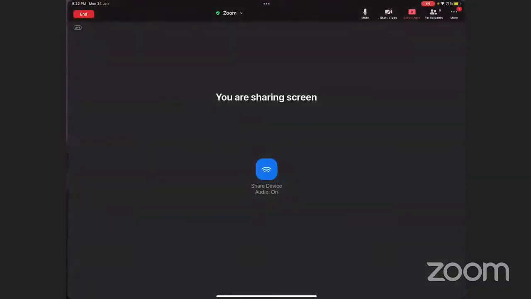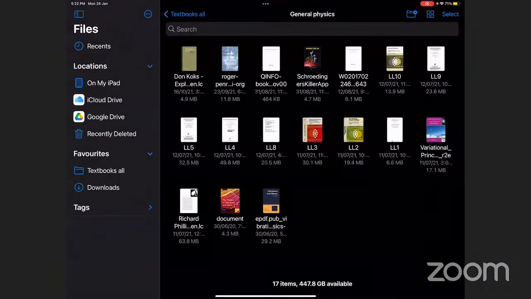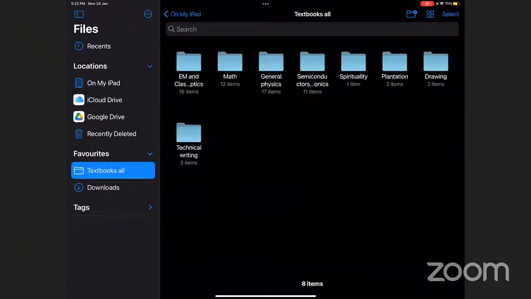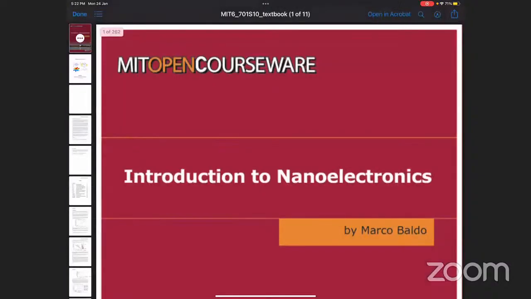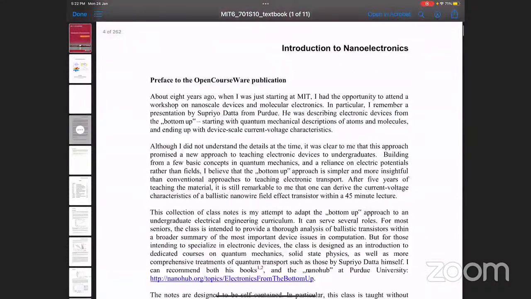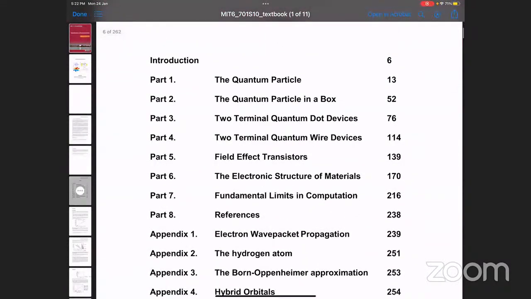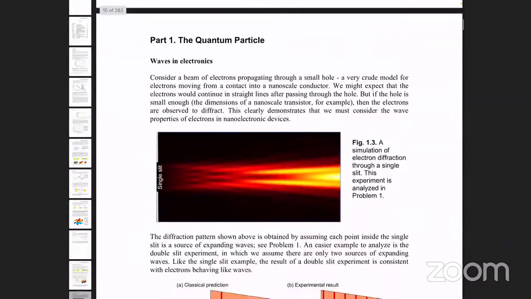Okay. So I'll show you where this has been done in the book, so you can actually have a look at that. So this is our textbook. In the very first chapter, there's a chapter called the quantum particle, what I call the wavy particle, right? So he's going to talk to you about that.